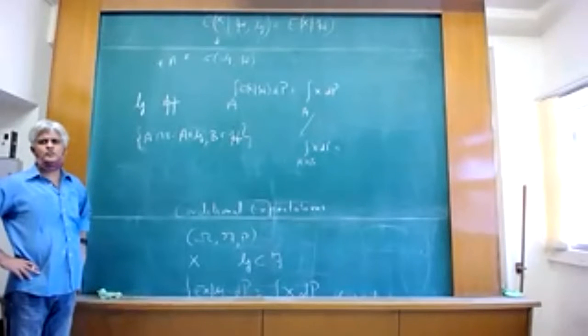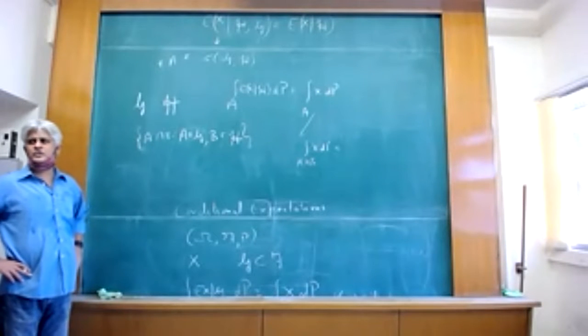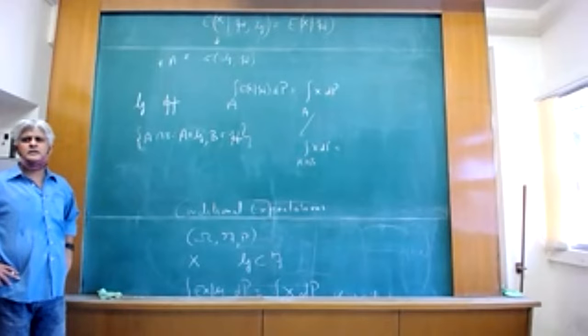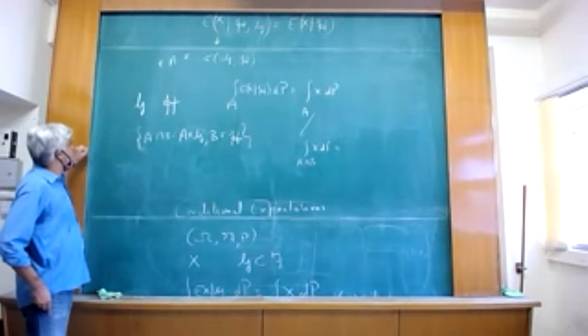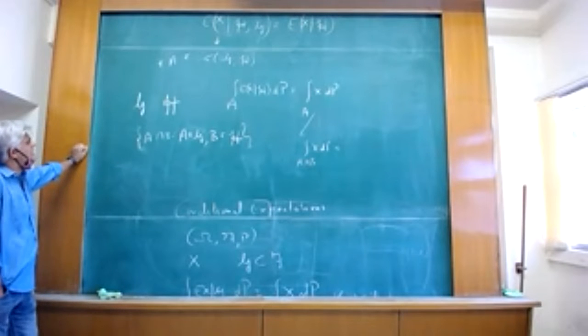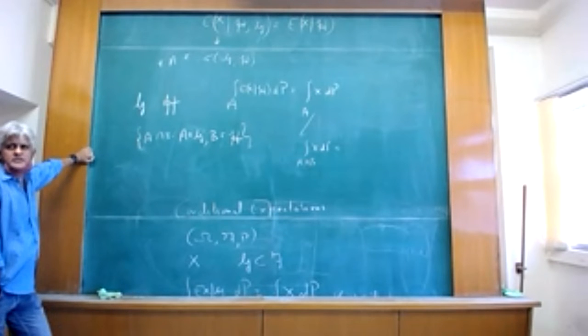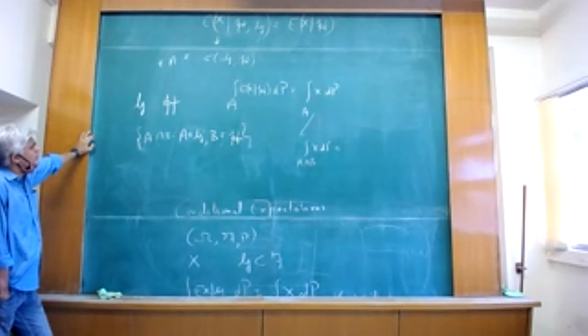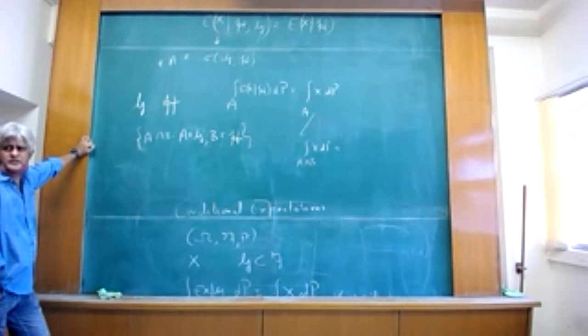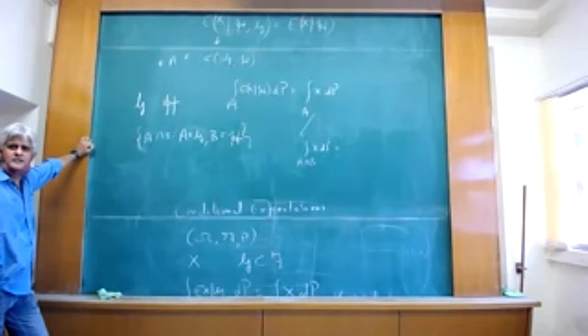A pi system means if I have two sets in this collection, then their intersection is also in this collection. So G intersection H is a subset of this, and both G and H are subsets of this. So this is a bigger set than G and H.